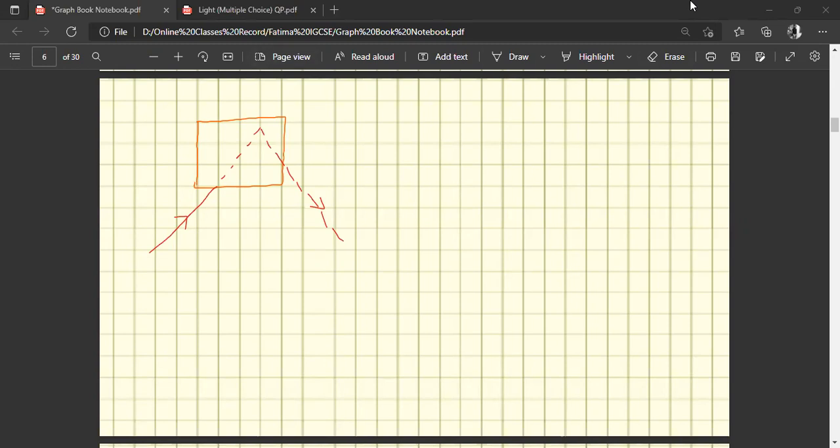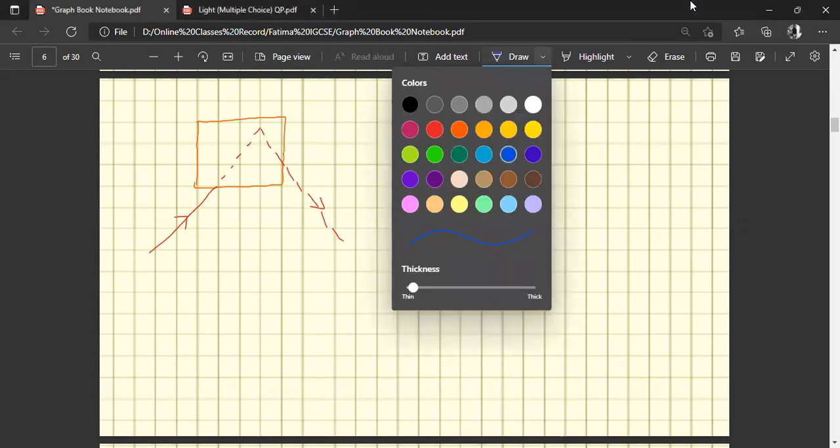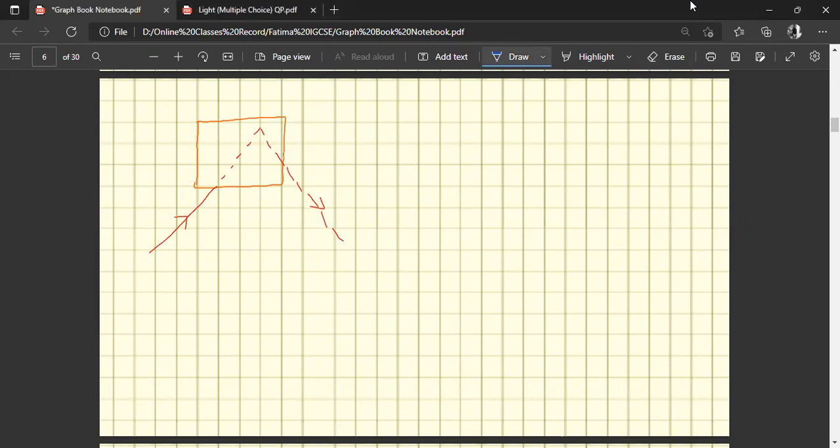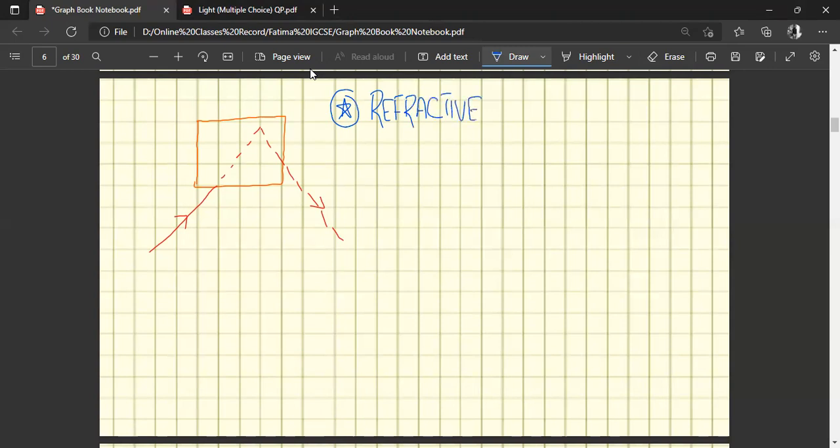And further, if we discuss the refractive index, what actually is refractive index? Have you studied about it?